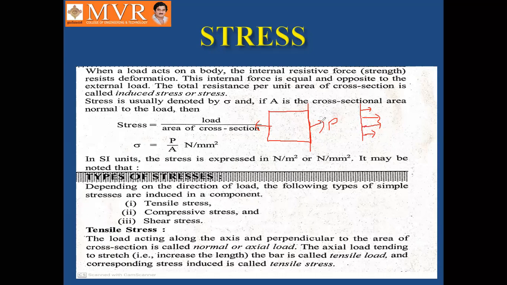At the center of the beam, it may lead to high load, so at the edge of the beam we can call it a small load. The stress distribution is like this.